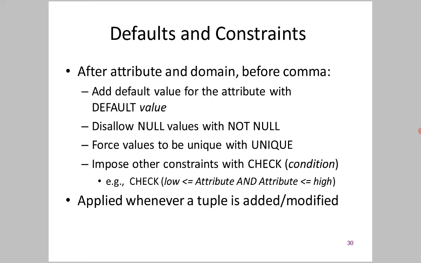UNIQUE means it should be a single value with no repeated values. And impose other constraints with CHECK constraints, where we give conditions. For example, CHECK marks greater than 0 and less than or equal to 100.